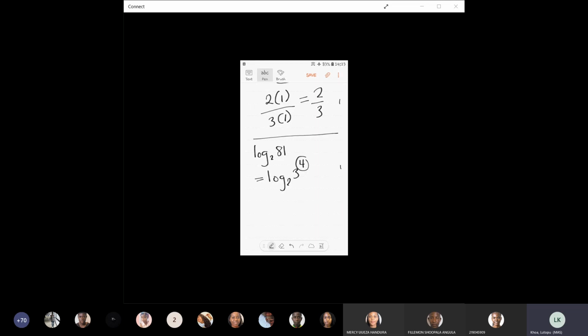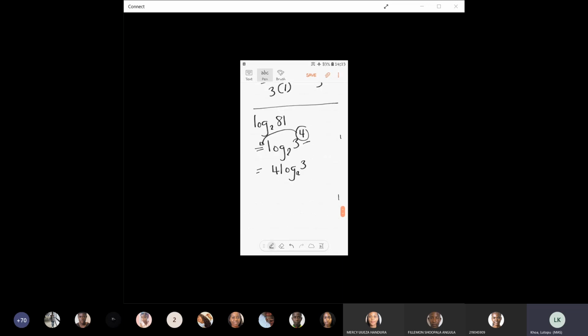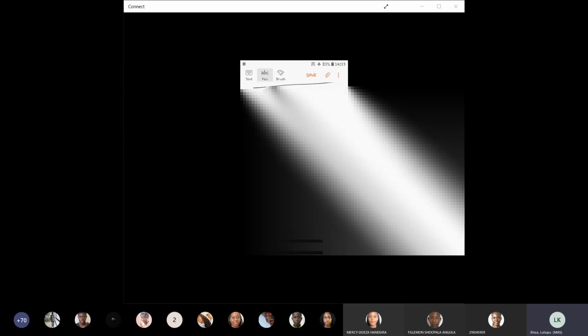This 4, I can bring it down. This is just 4 log base 2 of 3. So if we're doing this without a calculator, there is nothing else you can do over there. Even if you change the bases to base 3, it won't be any simpler than that. So here is just using the law that if you have an argument that has an exponent, then you can bring the exponent down.